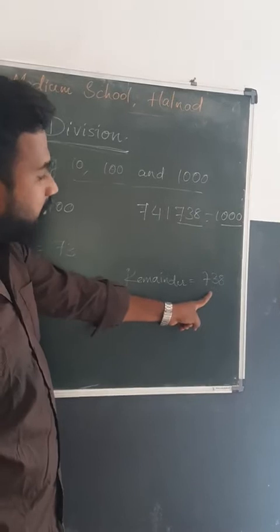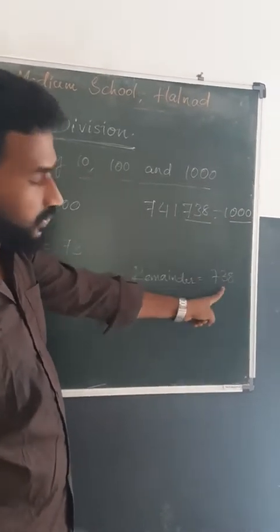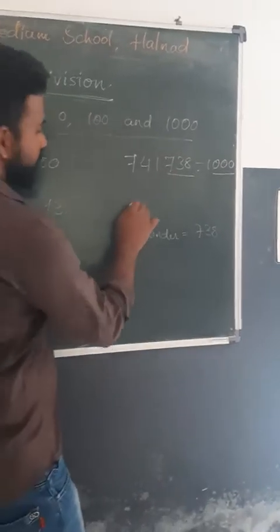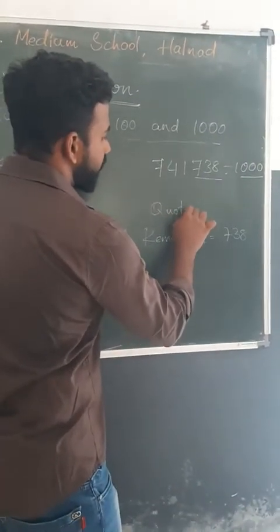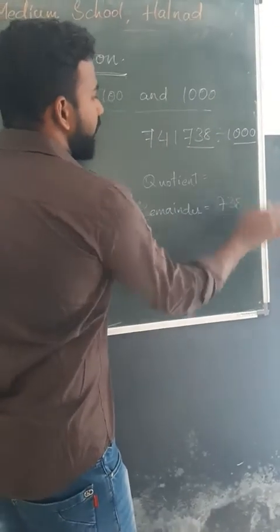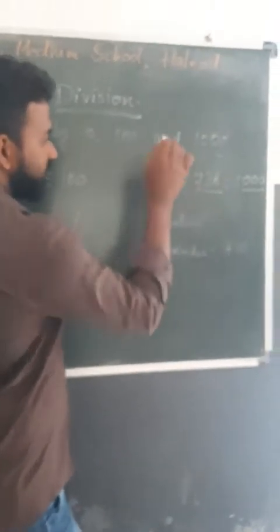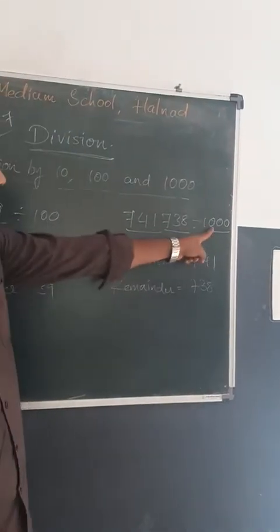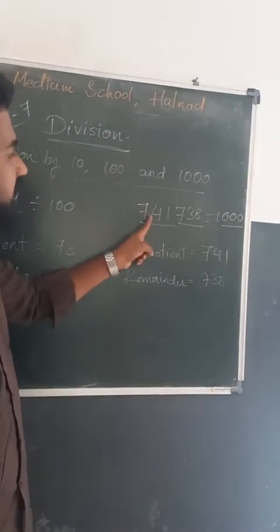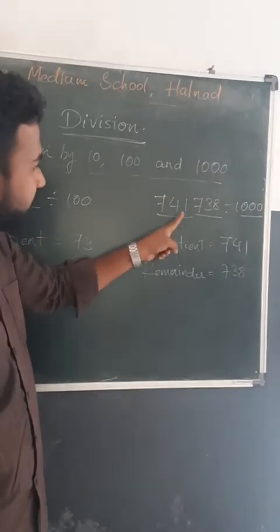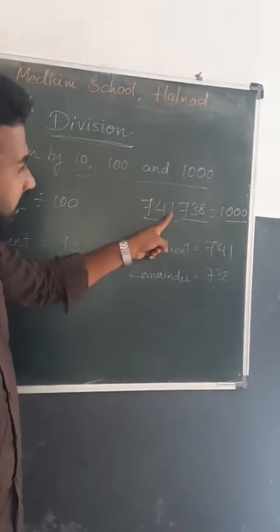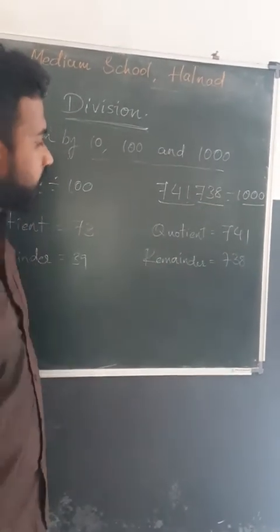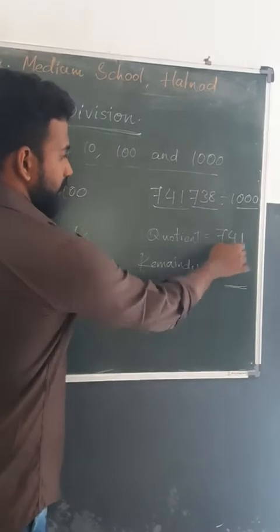And the quotient is the number formed by the remaining digits, that is 741. So 1000 goes 741 times in this number, leaving the remainder 738. This is the quotient.